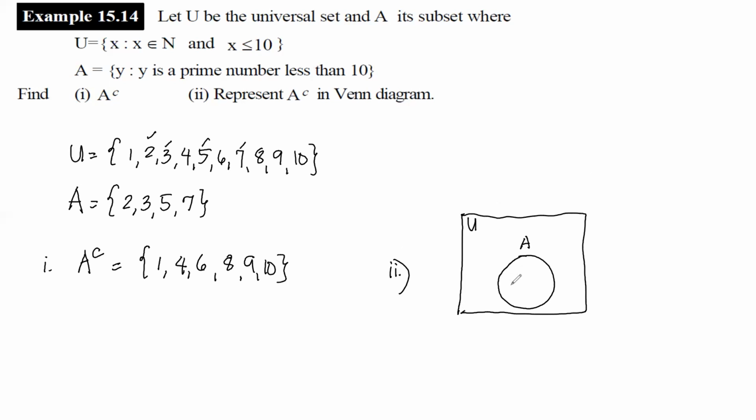The elements of set A are 2, 3, 5, 7. So for A complement, we have 1, 4, 6, 8, 9, 10. When we represent it, the shaded part is the part outside of A. This part outside is A complement.